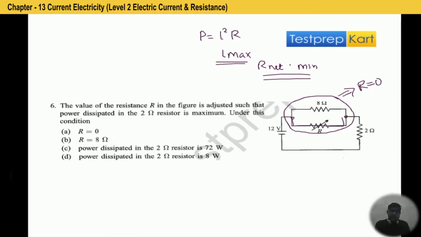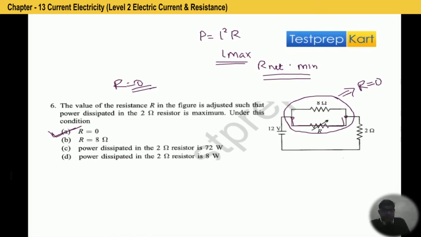And for that purpose, R must be equal to 0. Okay, so if we put R equals to 0, then this parallel combination will offer no resistance and maximum current will pass through this circuit, and as a result we shall get maximum power dissipation across the 2 ohm resistance.